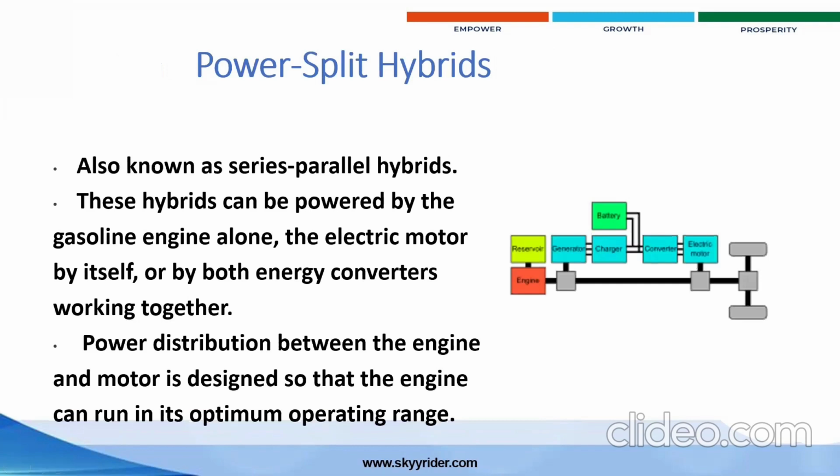Now we'll be talking about the power split hybrid. What is a power split hybrid? It is a combination of the parallel hybrid power system and the series hybrid power system. So how is it going to operate?